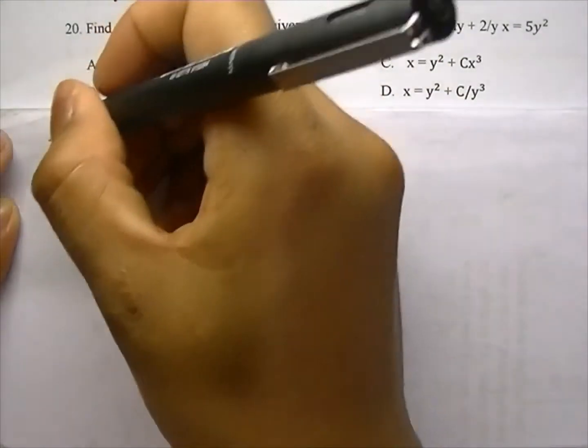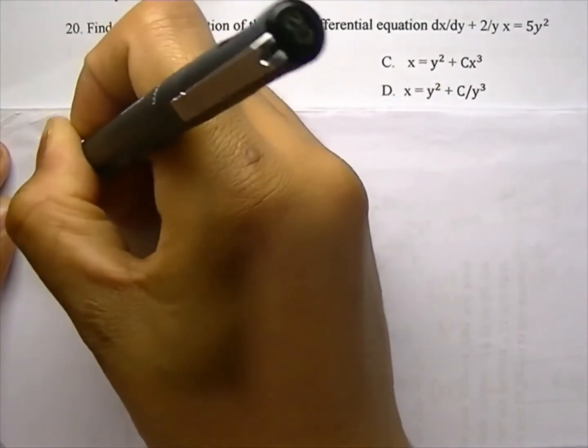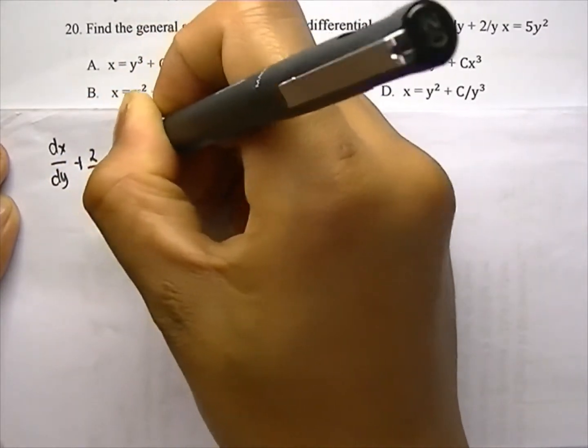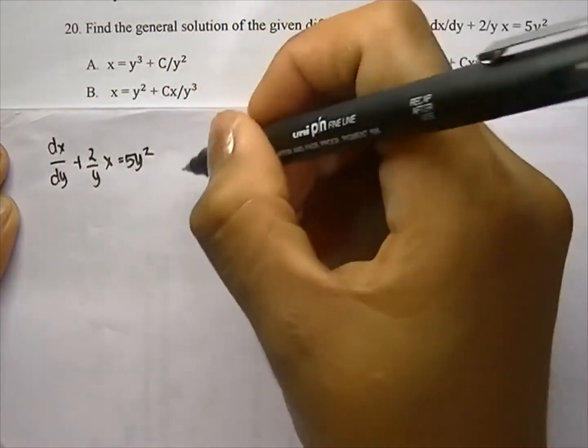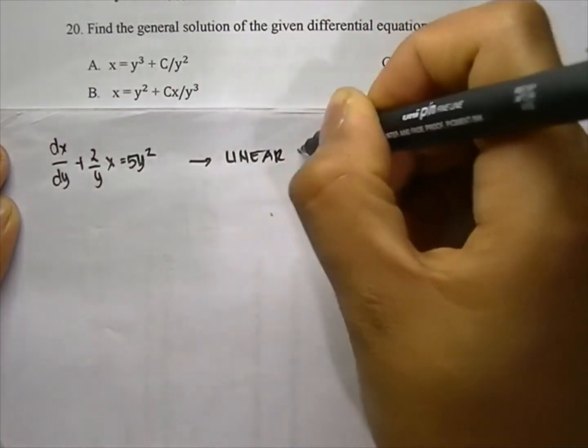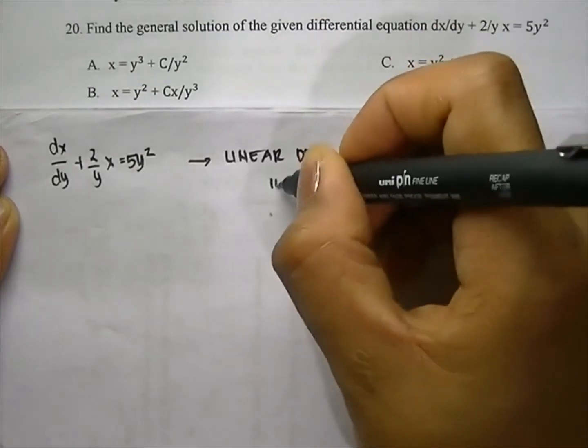Number 20. Find the general solution of the given differential equation dx over dy plus 2 over y times x equals 5y squared. So we have dx over dy plus 2 over y x equals 5y squared. This is a linear differential equation, linear in x.